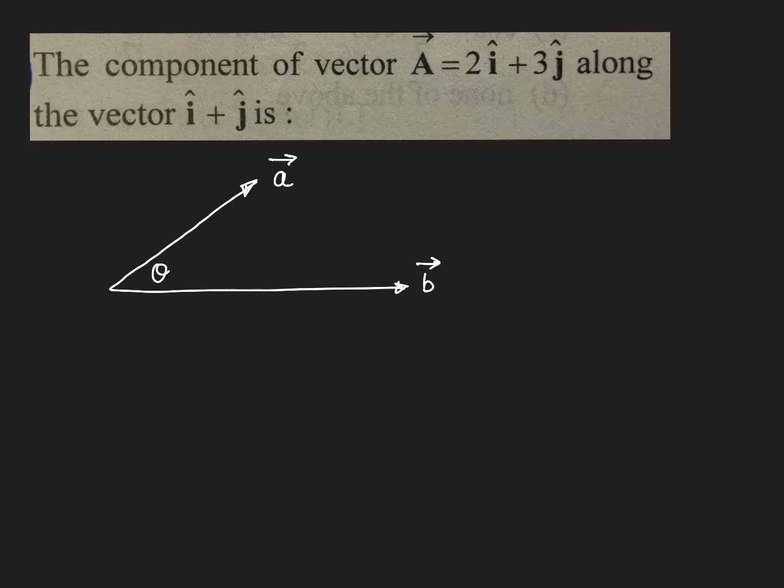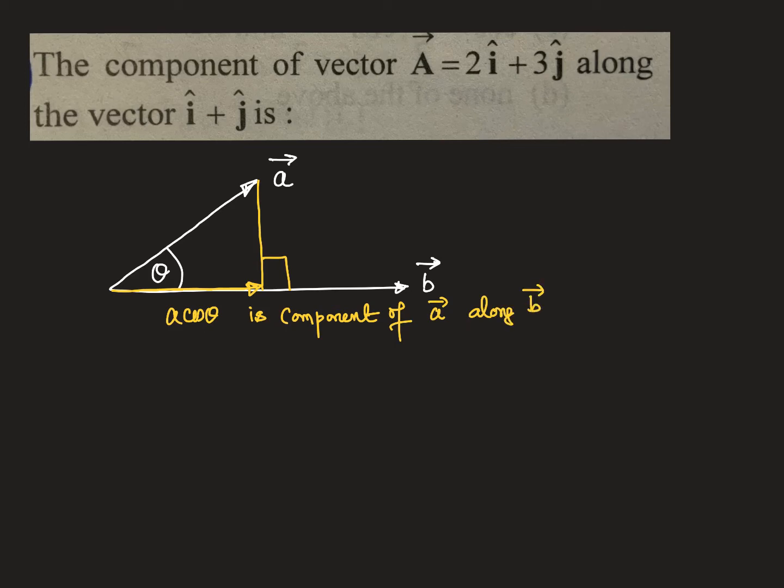What is the component of A along B? That means we have to drop the perpendicular from A. So this thing is A cos theta. So A cos theta is the component of vector A along vector B.